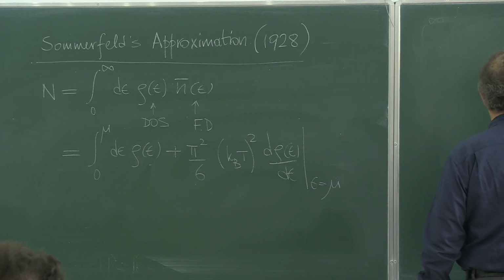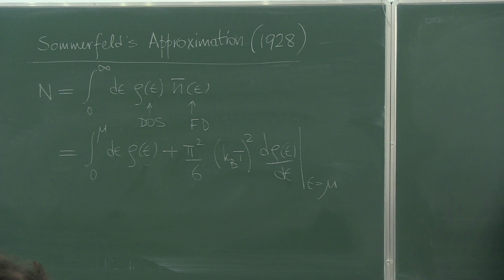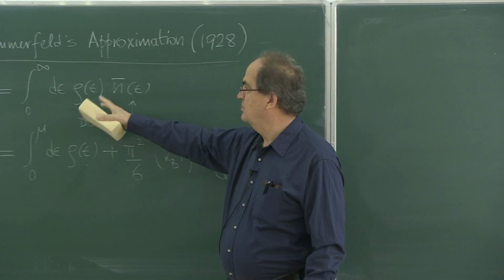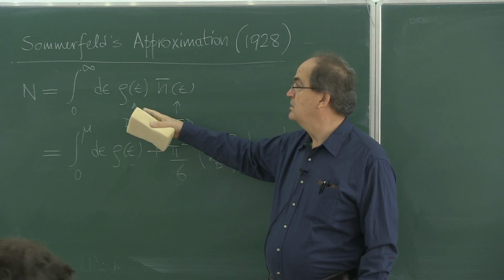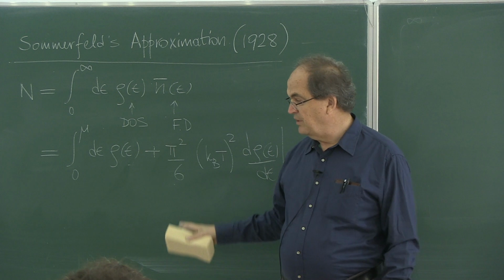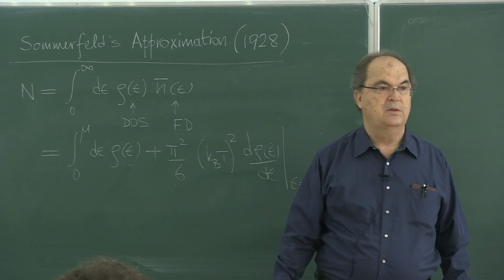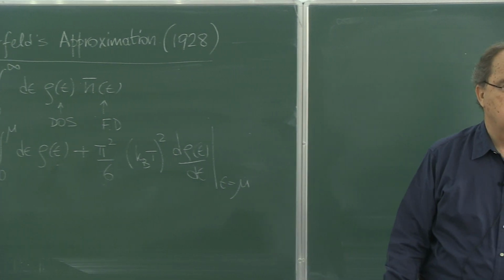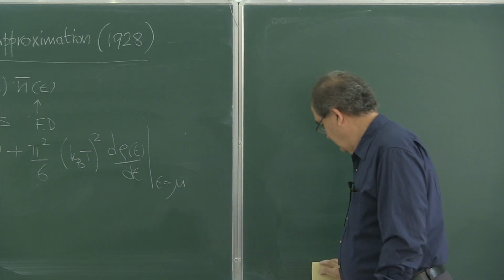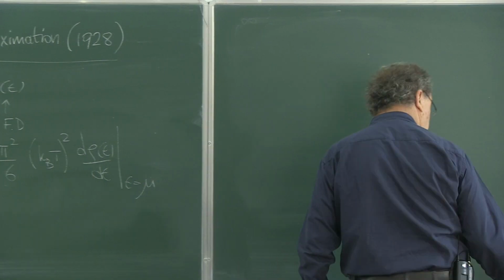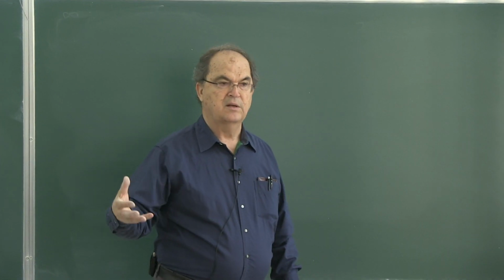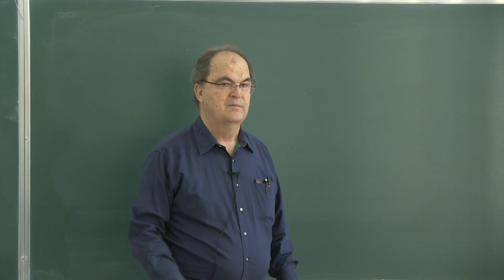If I calculate energy, of course, that function multiplying Fermi-Dirac was E times rho(E). So my phi will be E times rho(E) in that case, isn't it? Depending on what you are calculating, that function phi in the approximation changes.